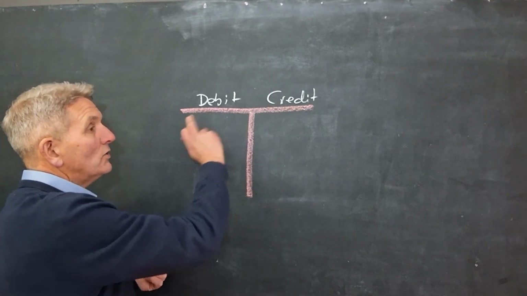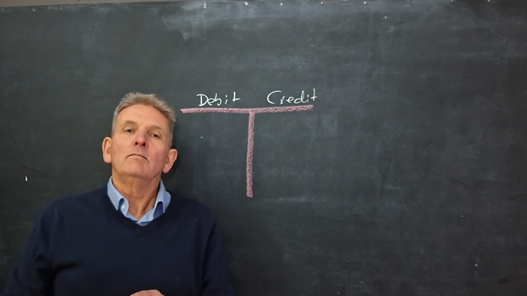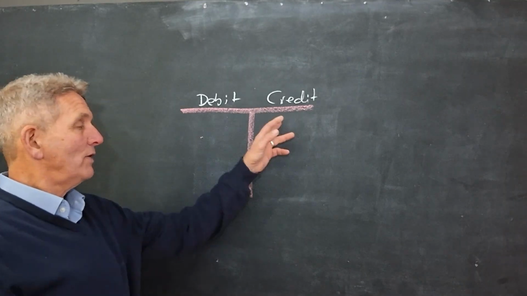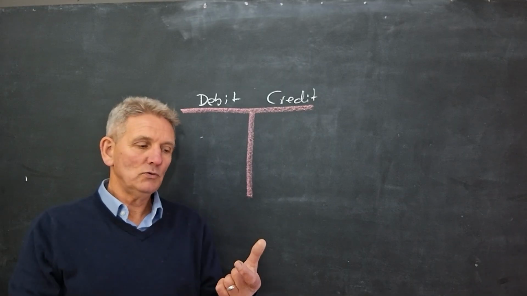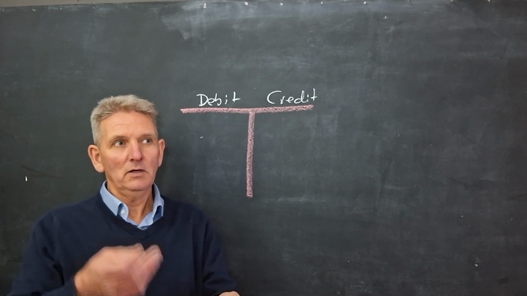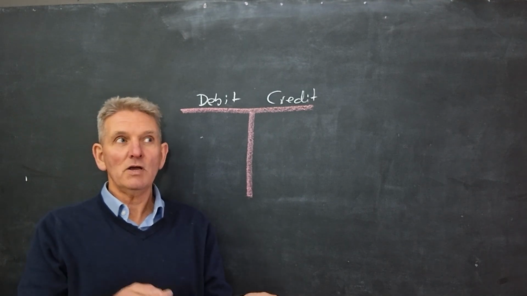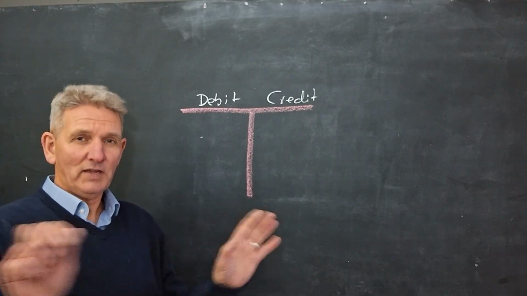You're going to hear these words a lot in bookkeeping and accounting, debit and credit. Just think of them as left and right. Debit's left, credit's right. Don't think of them as anything else. It can get a bit confusing because sometimes you get a message from your banking app saying, you've had $100 put into your bank account, we've credited your account. And you think, great, credit means positive. Forget that.